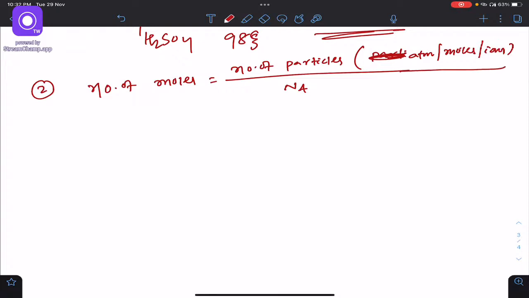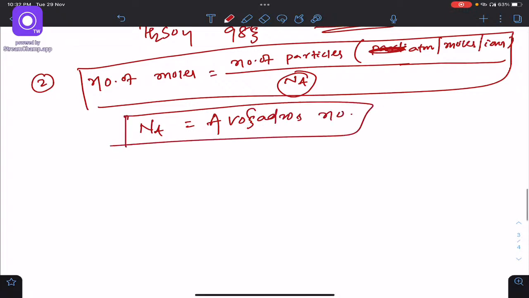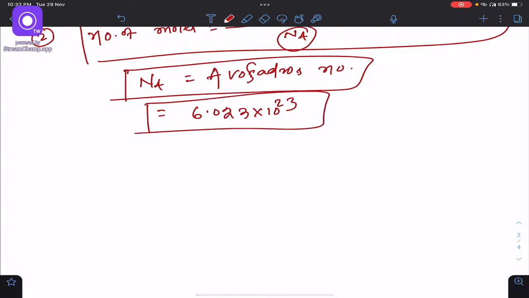Okay, this is another formula. Number of moles is equal to number of particles divided by Na. What is the value of Na? Na is Avogadro's number, which is 6.023 into 10 to the power 23.